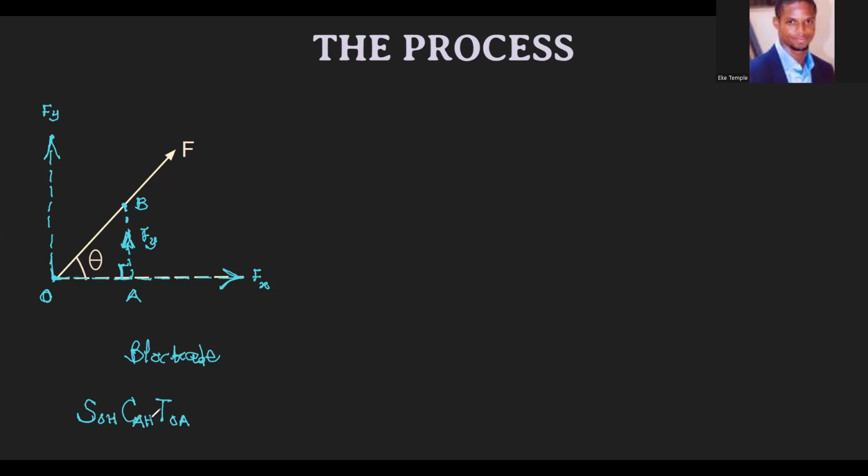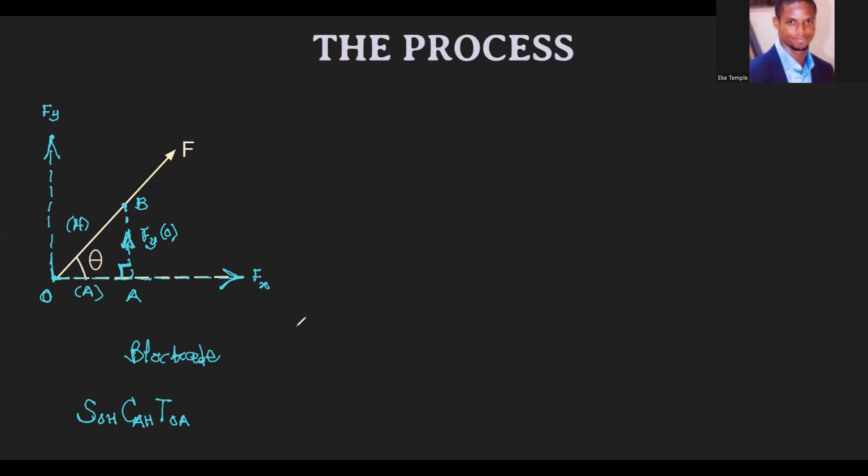Now in this right angle triangle, the side facing the angle 90 degrees is the hypotenuse. The side facing the given angle theta is the opposite. And the remaining side not yet classified is the adjacent. So we have now the opposite, the hypotenuse, and of course the adjacent. And we can achieve our aim right now.